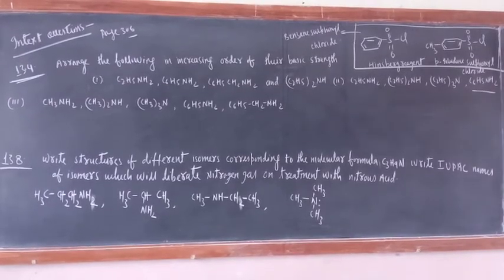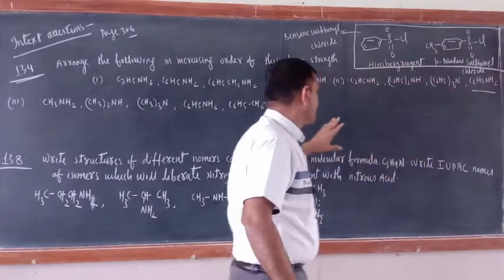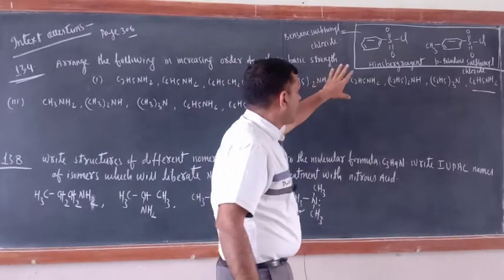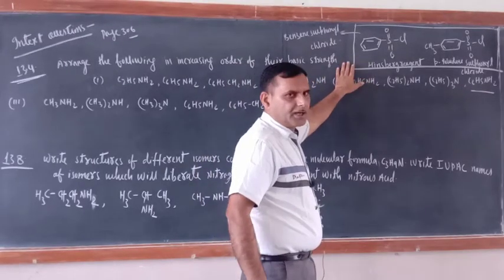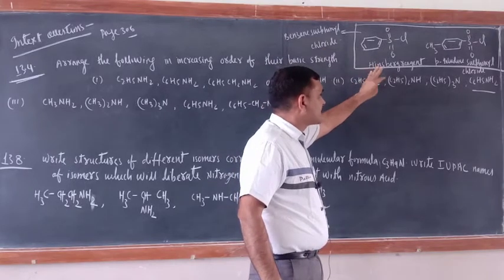So only 1 degree and 2 degree amines react. This is benzene sulfonyl chloride, also known as Hinsberg reagent.